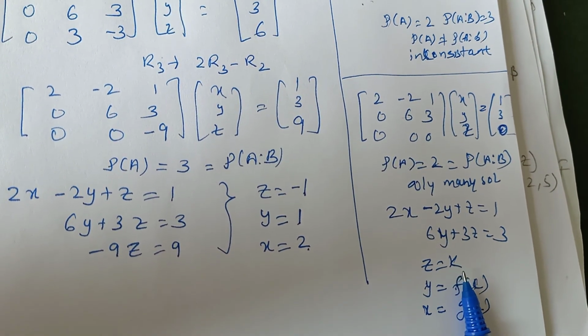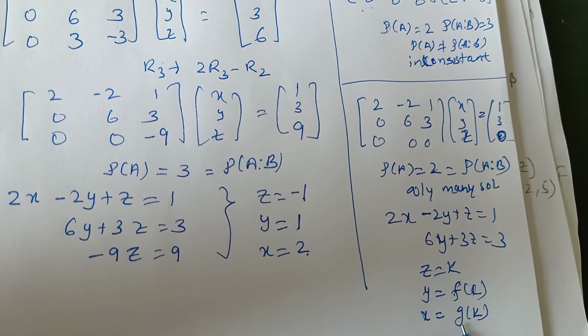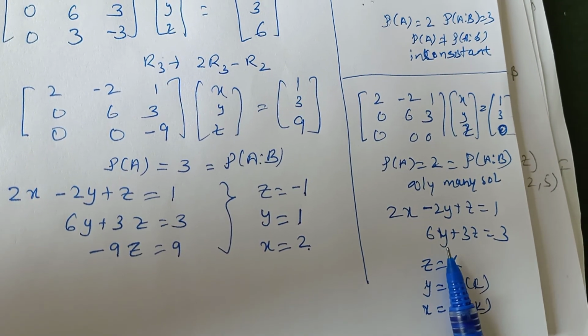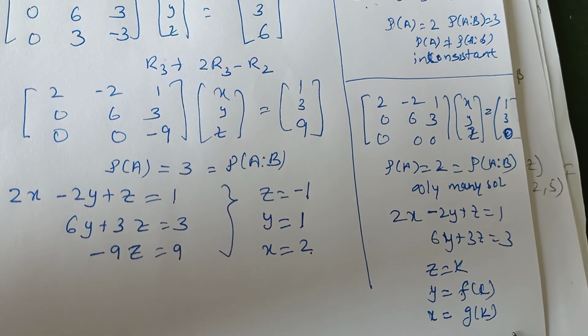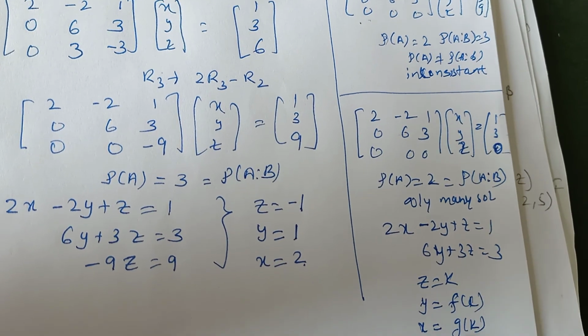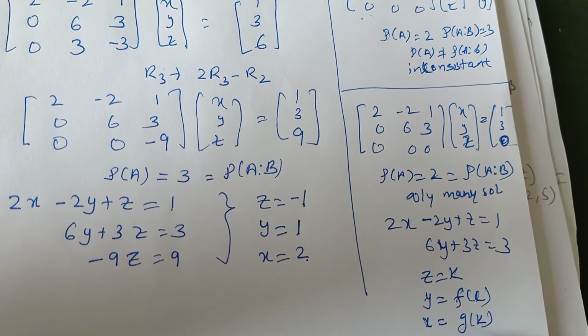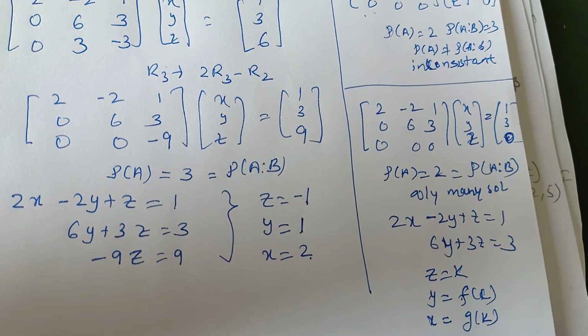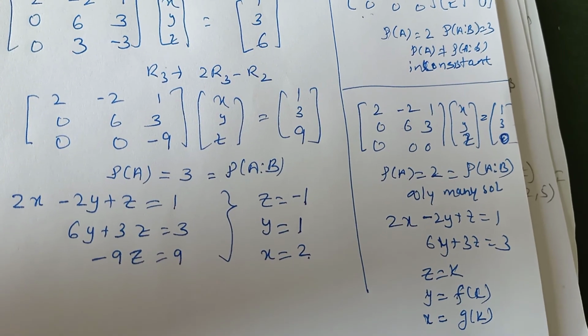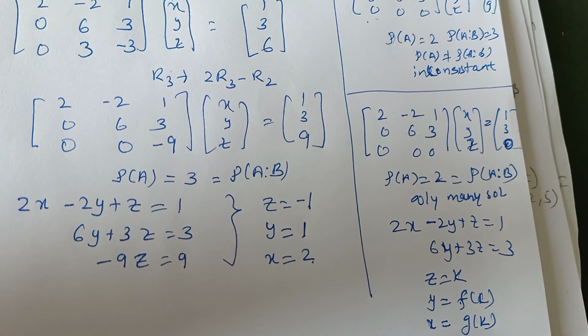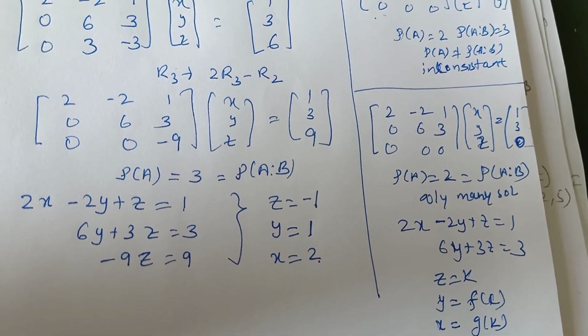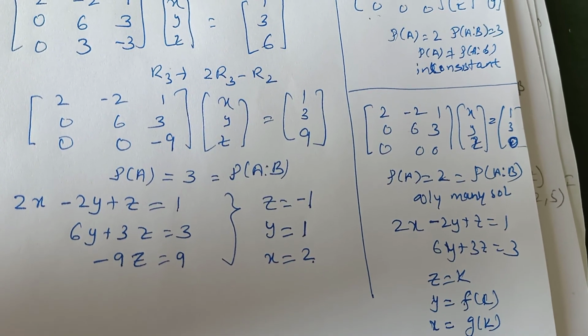If you put the value of k as 1, you will obtain one solution. If you put the value of k as minus 1, you will obtain another solution. Put the value of k as 2, you will obtain one more solution, and so on. Keep on putting values of k, you will keep on obtaining solutions. How many such solutions can you obtain? You can obtain infinitely many solutions.